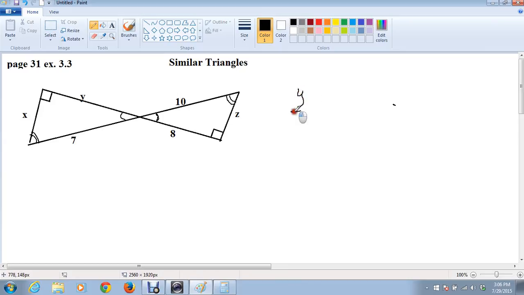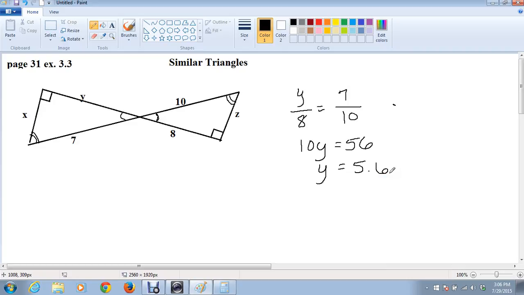So Y over 8 should equal 7 over 10, because 7 goes with the right angle in the left triangle, and then 10 goes with the right angle in the right-hand triangle. So this is a proportion I can set up. Y is to 8 as 7 is to 10. And then I can just cross multiply. 10Y equals 56. So Y equals 5.6.